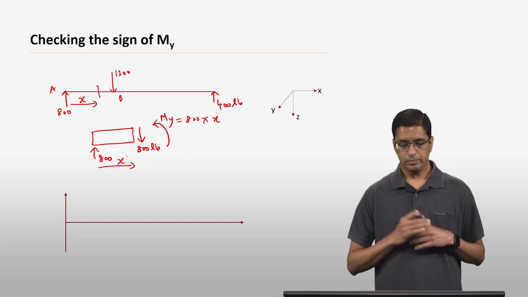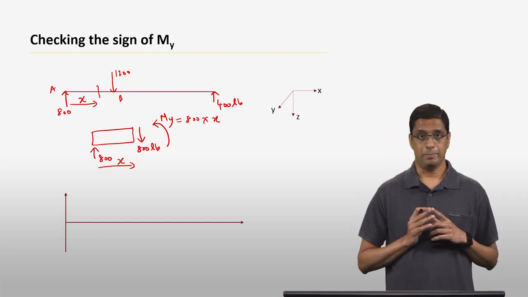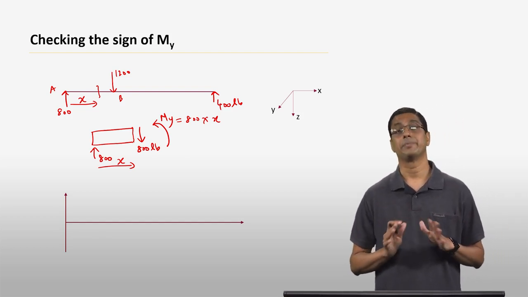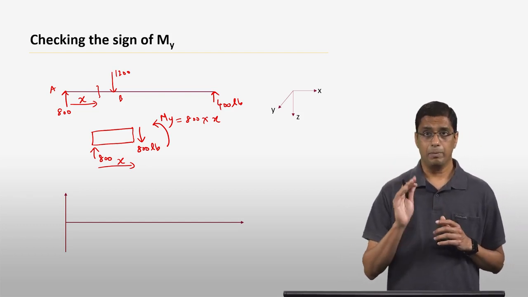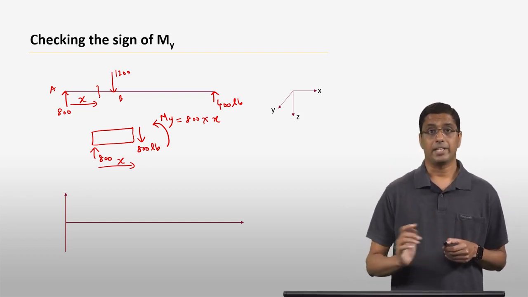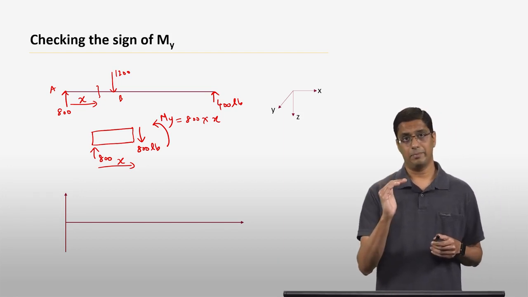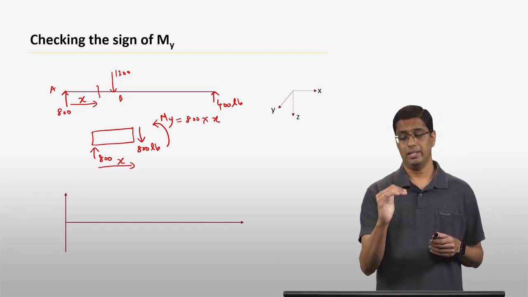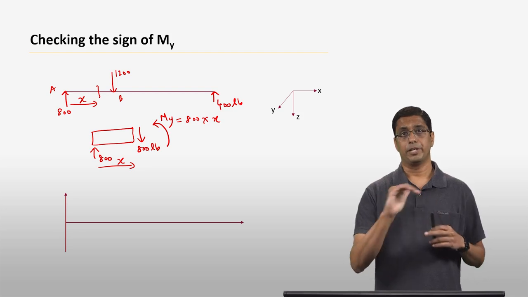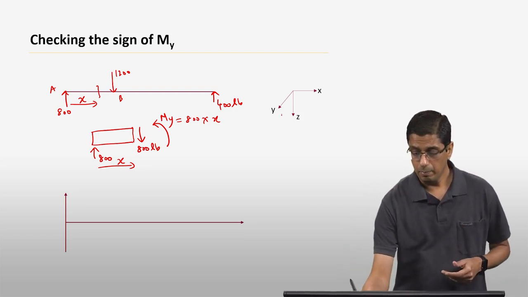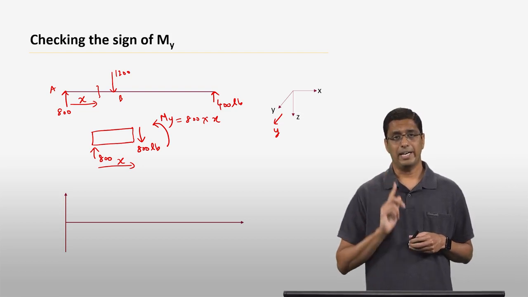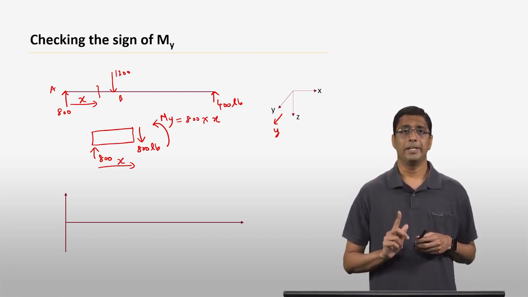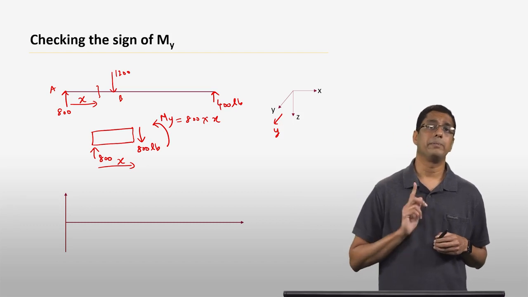So now we have actually found something new. This My is a positive My because it is in the counterclockwise direction, and if I curl my fingers in the sense of the moment, my right thumb is pointing towards me, which is in the positive y direction.